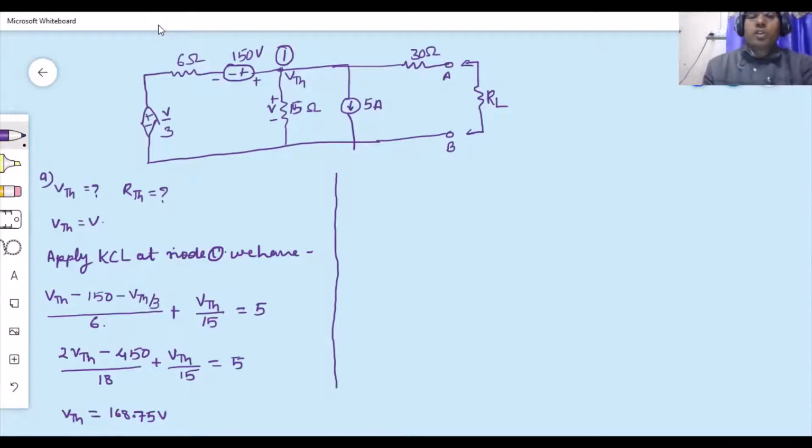For calculating short circuit current, we just short circuit these AB terminals by a simple wire and calculate ISC, that is short circuit current. So to calculate ISC, let's apply again KCL, that is Kirchhoff's current law, at node 1.